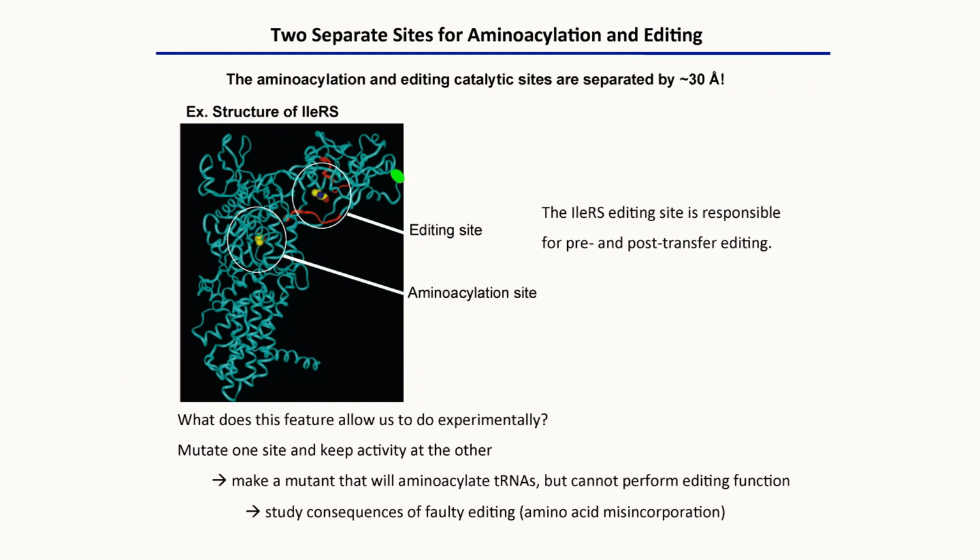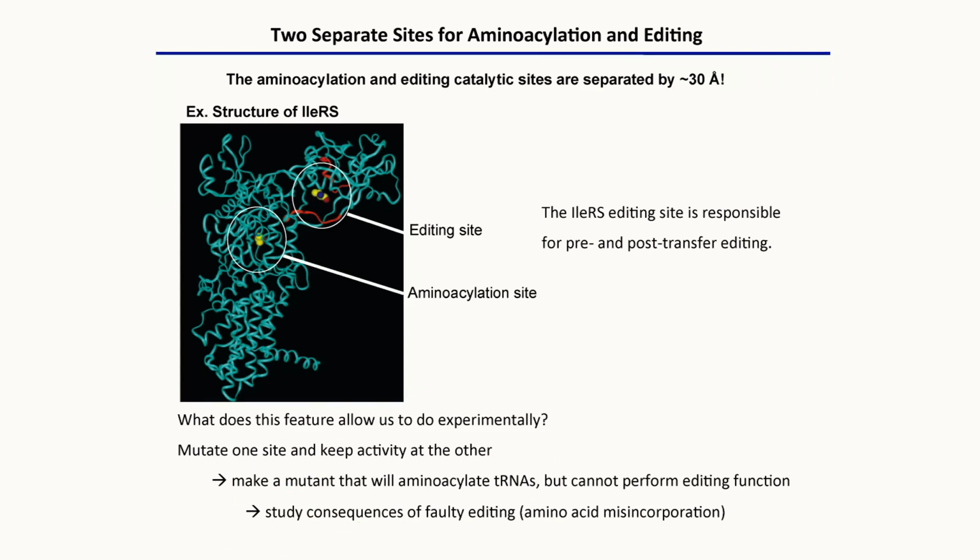So you can imagine site-directed mutagenesis, purifying the enzyme and doing some in vitro characterization to see how it behaves. And then you could also imagine translating this into a cellular context and asking, say, in cell culture, what happens here? So basically, what are the consequences of faulty editing?